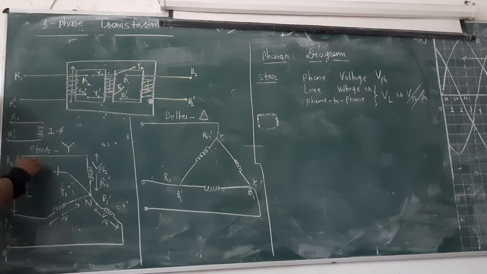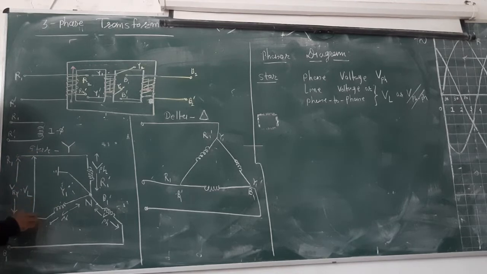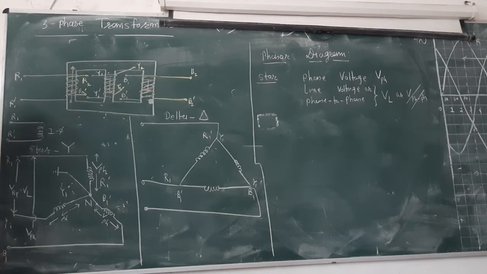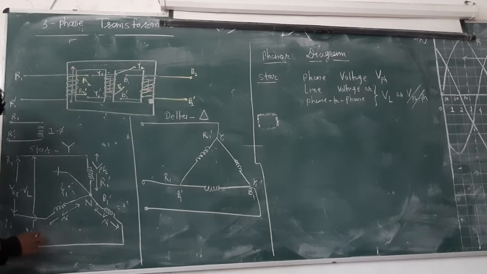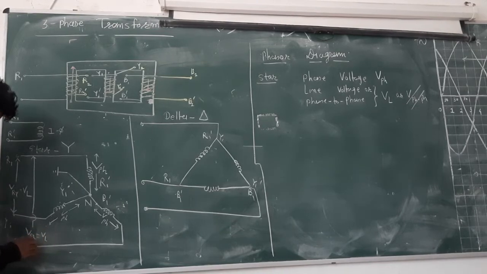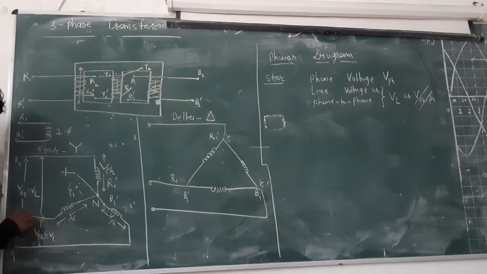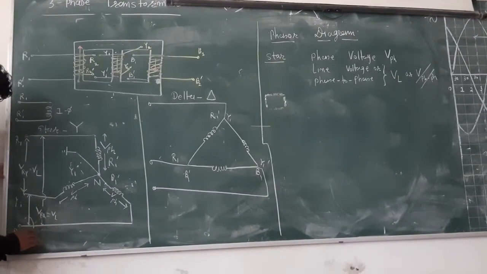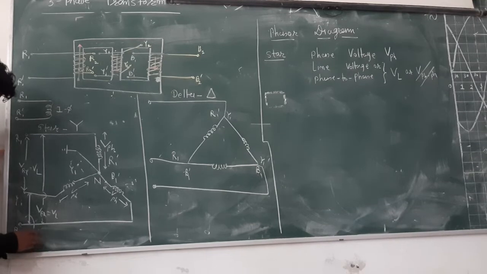Then between this winding and this winding, VBR. Not RB, because we have to follow the sequence: RY, YB, and then BR. It is also a line voltage. Then the voltage between these two terminals is RY, YB.